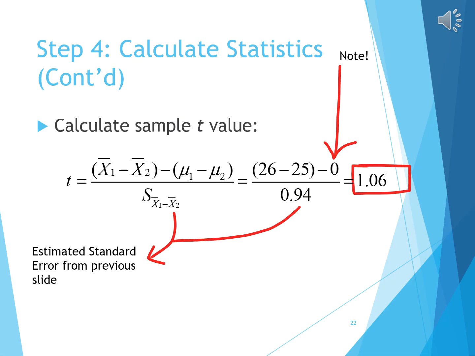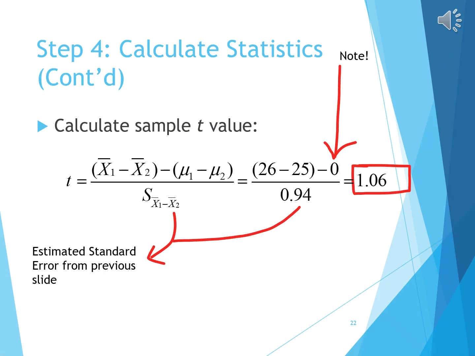In actuality, this is basically always going to be 0, because in the null hypothesis we're expecting the population means not to differ at all.